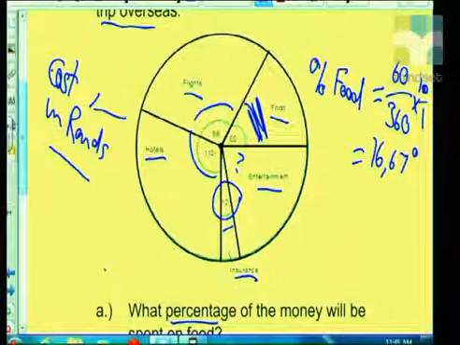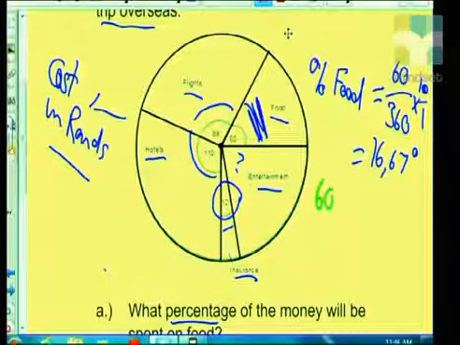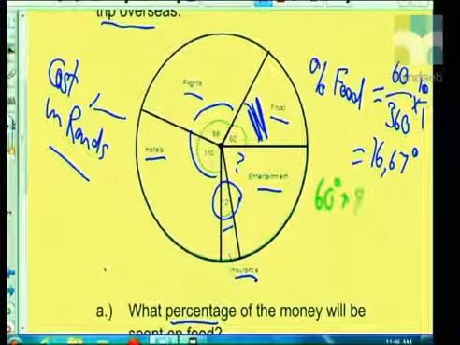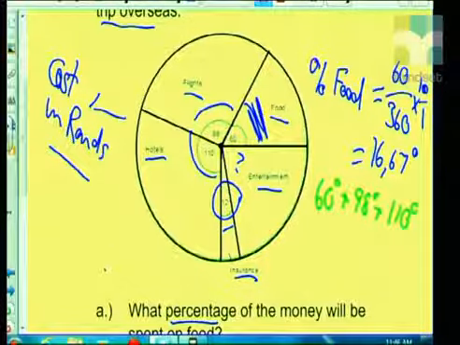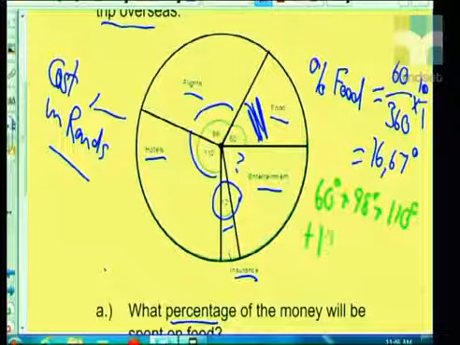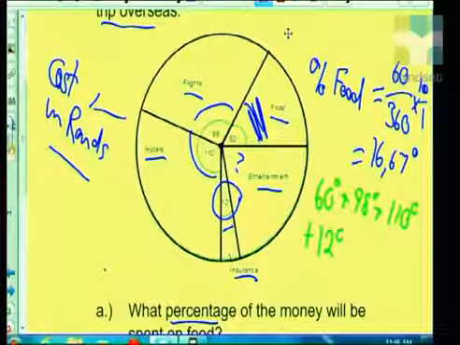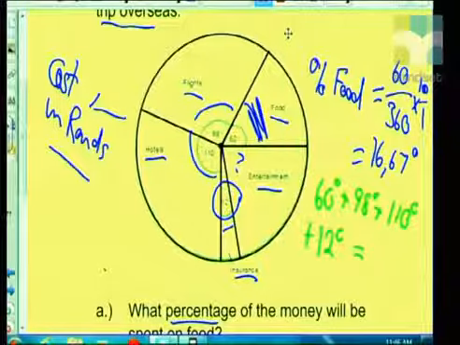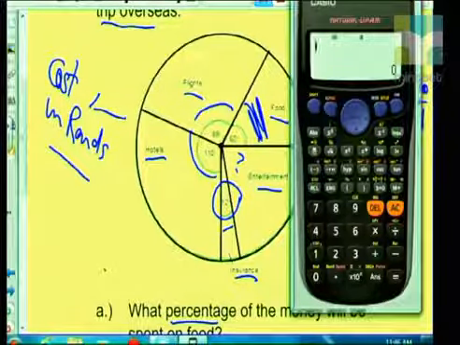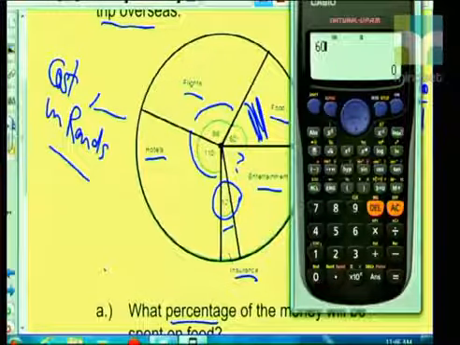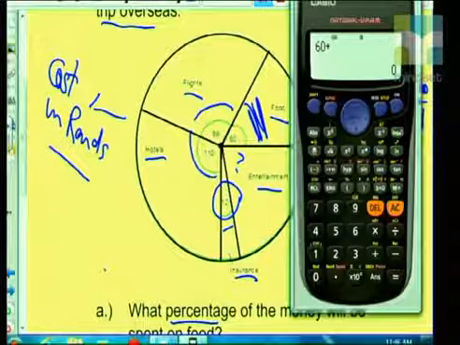We're going to add up the segments, 60 degrees plus 98 degrees plus 110 degrees plus 12 degrees, and then remember that the total comes to 360. So let's get that total first of all. Let's use the calculator to do it. We're going to take 60 plus 90.